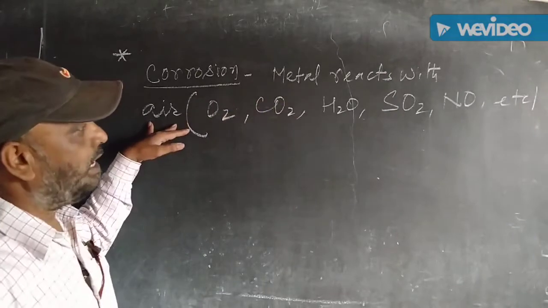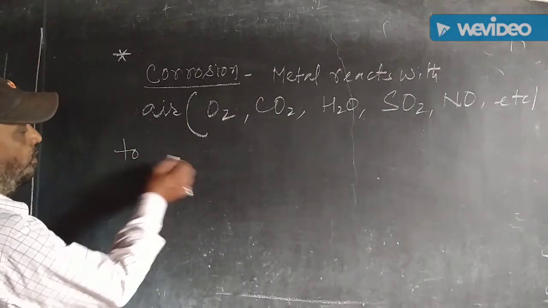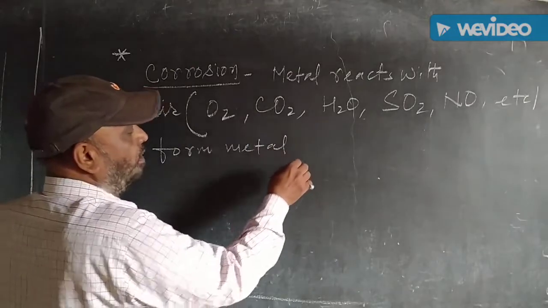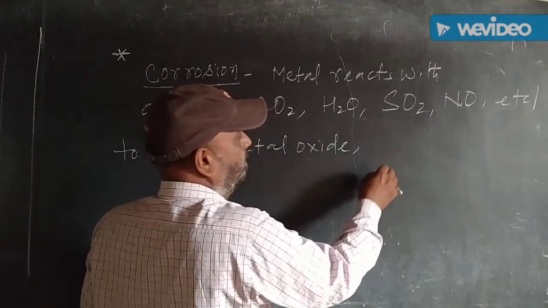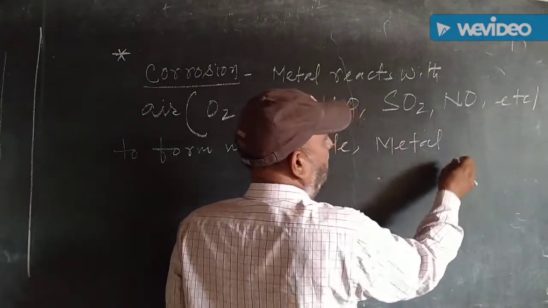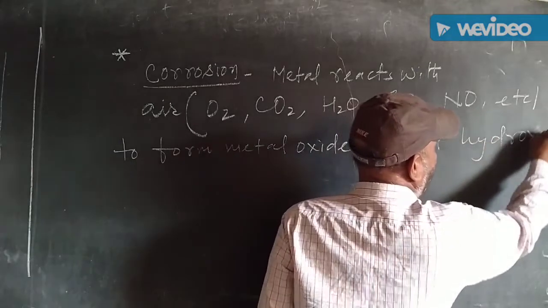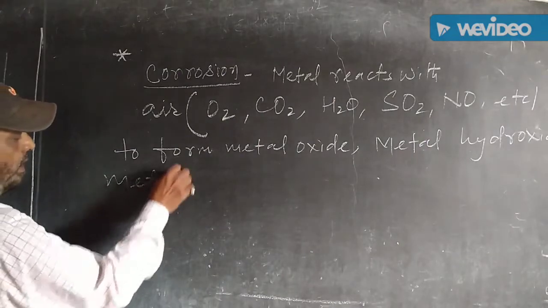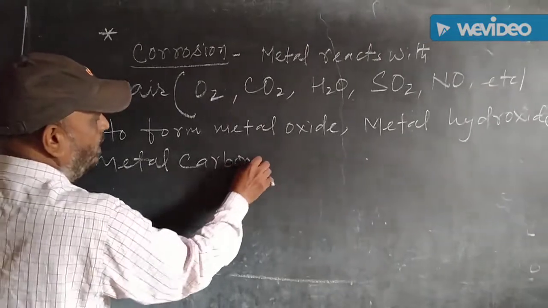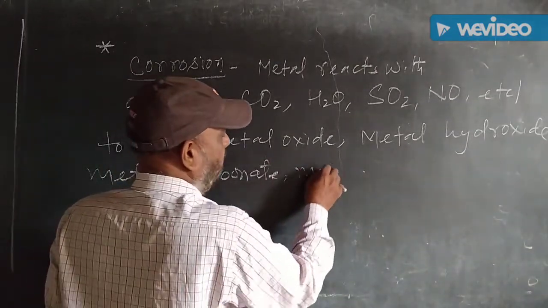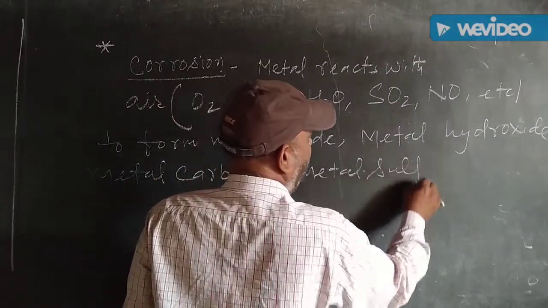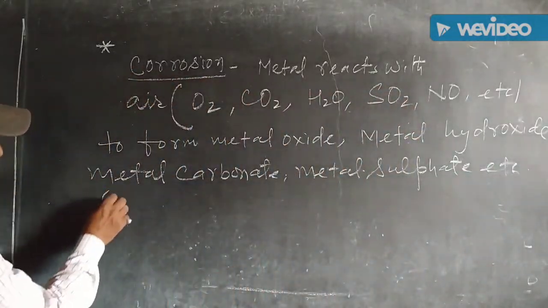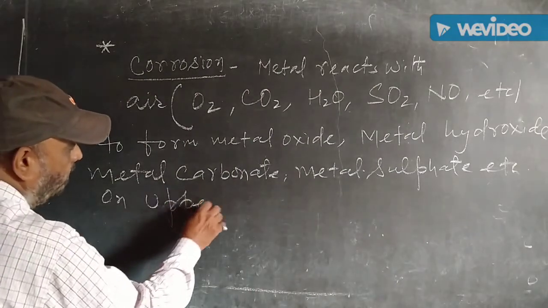So metal reacts with air to form metal oxide, metal hydroxide, metal carbonate, metal sulfate, etc. on the upper surface.